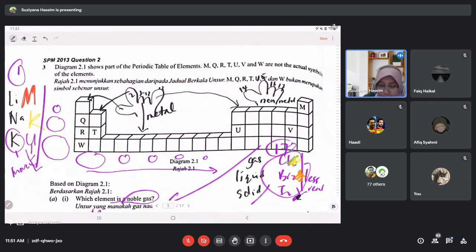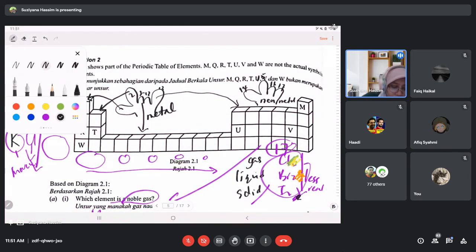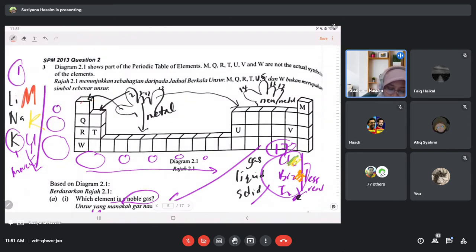Alright. So, 1, 2. Basic oxide. Nampak ni? Dua ni. Pegang jari lagi senang ingat. Teacher selalu pegang jari. Basic oxide.